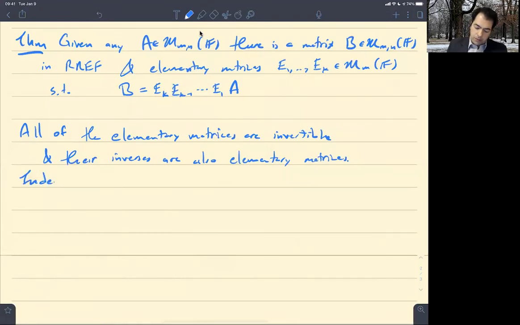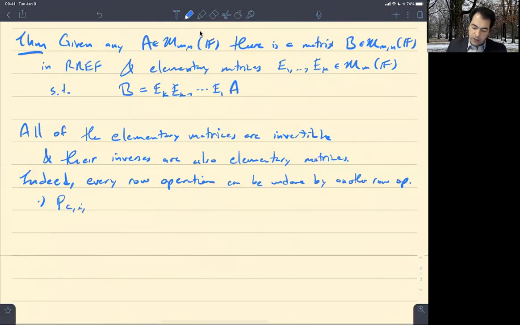As we already said, this follows because every row operation can be undone by another row operation. So it's easy enough to just write down what the inverses are. If you start with the elementary matrix P_{C,ij}, then its inverse is P_{-C,ij}.